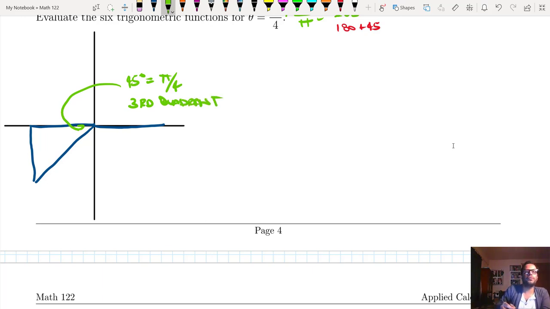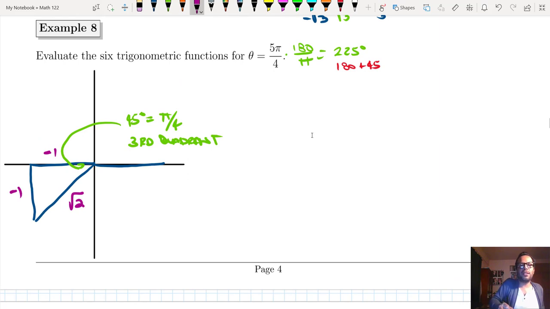And because we have the 45-45 triangle, the measures are 1, 1, and root of 2. However, we need to honor the direction of the sides. Notice the horizontal direction is going negative and the vertical direction is going down, which is also negative. The hypotenuse is always positive, so just keep that in mind. And I guess we're ready to find the 6 trigonometric functions for 5 pi over 4.